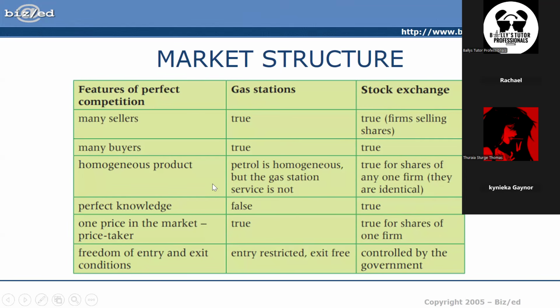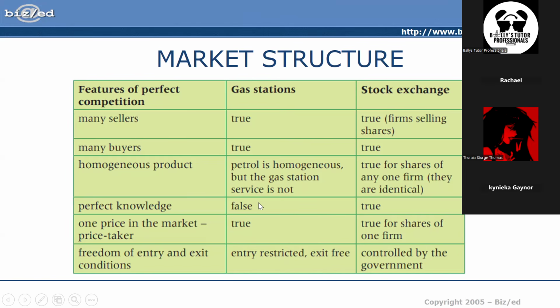So let's look at an example, looking at the stock exchange and gas stations. You have many buyers and sellers. Homogeneous product: the petrol is homogeneous, but the service you get at the gas station won't be homogeneous. If you're buying shares from one firm, all the shares are identical.